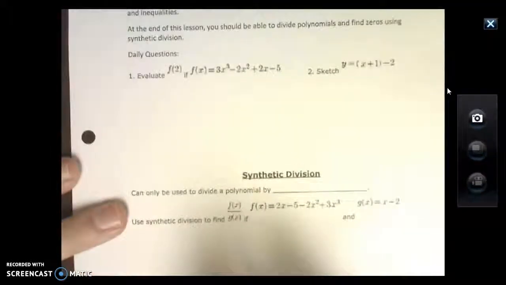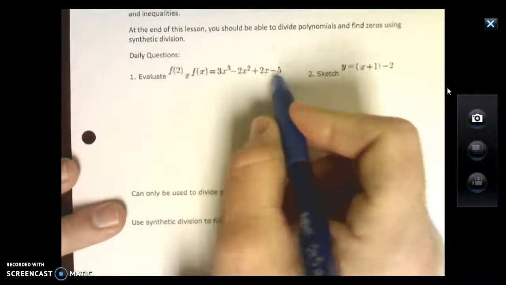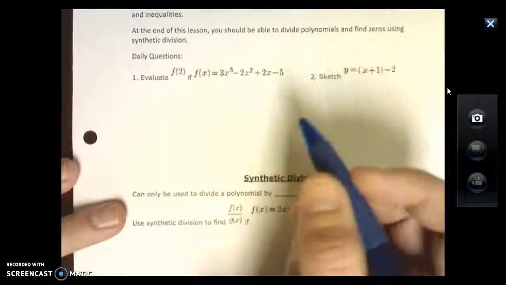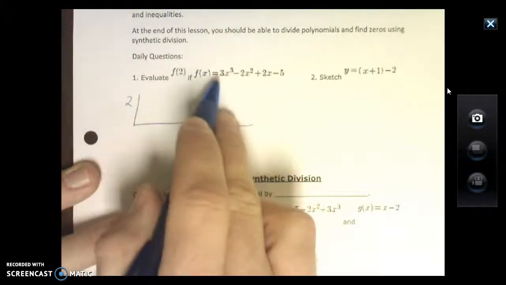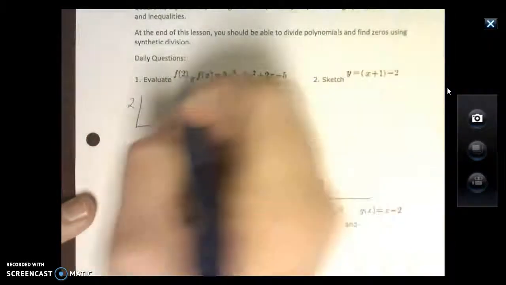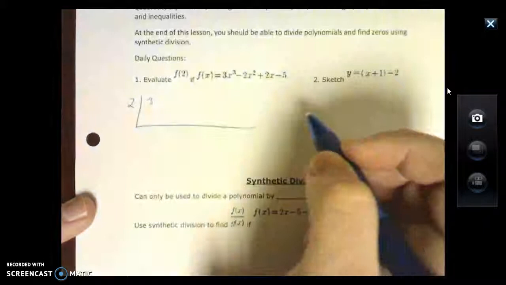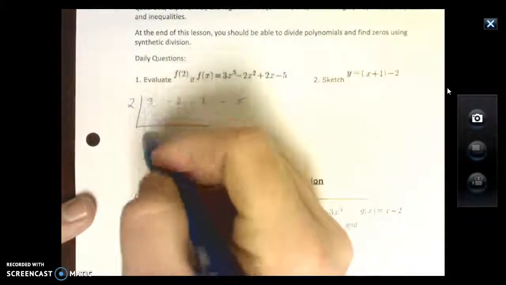So first it says evaluate f of 2 when you have this entire function. All you're doing is replacing everything with 2. Now we learned a little while ago about this thing called synthetic substitution. When you put 2 out front and you write your leading coefficients down, you put your 3, -2, 2, -5, and you bring this down.